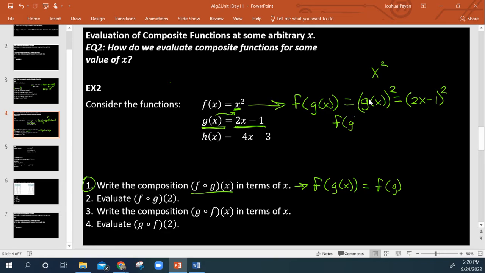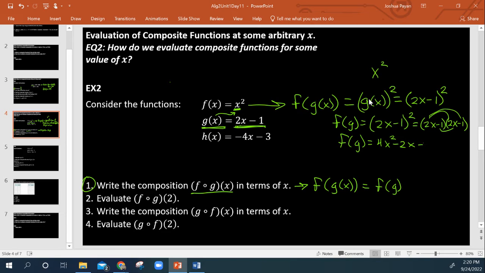So f of g equals 2x minus 1 all squared, which just means 2x minus 1 times itself, right? So we'd have to FOIL. That's exactly what we're going to do. So f of g is going to be equal to 2x times 2x, so 4x squared. 2x times negative 1, so minus 2x.